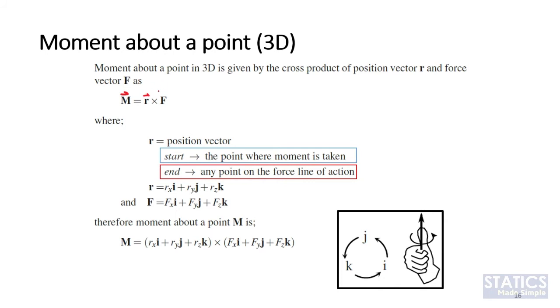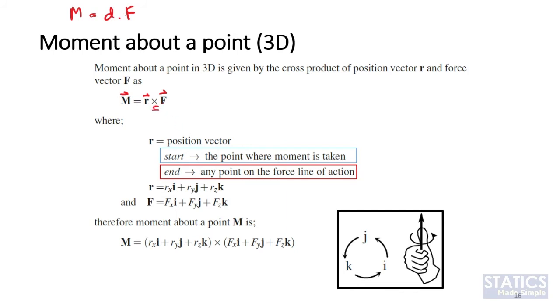Same applies to F. F is also a vector quantity. In 2D form, we can simply write moment is equal to distance times force. So this dot here represents a simple multiplication. However, in 3D form, in IJK, we don't have this simple multiplication here. We are having a cross product.